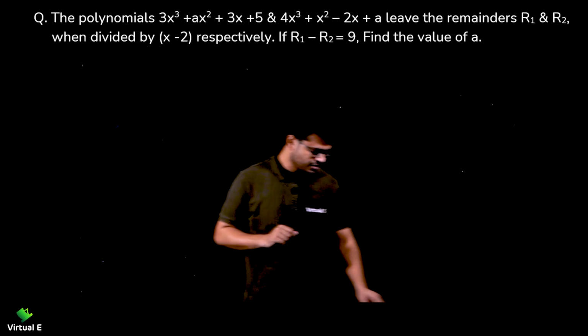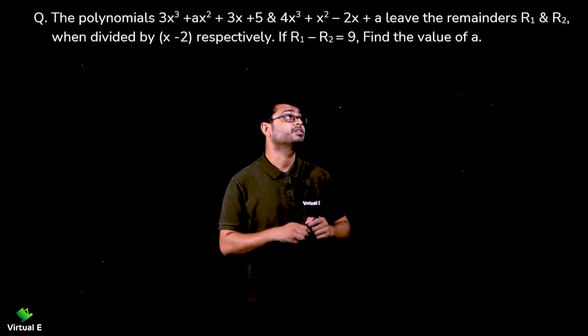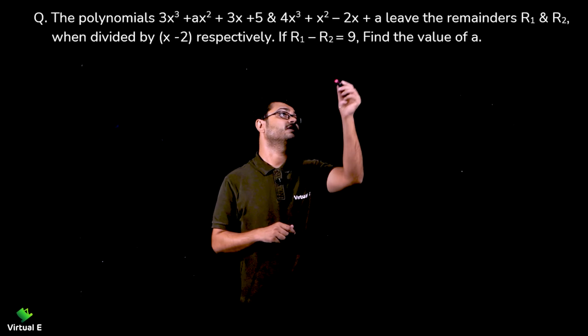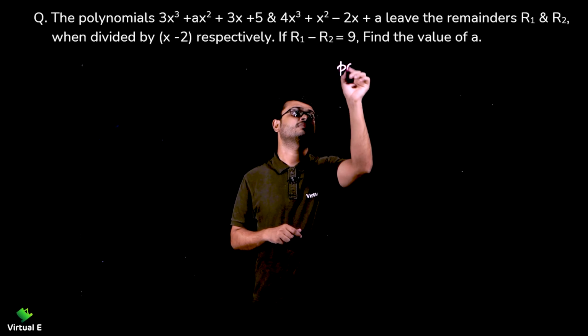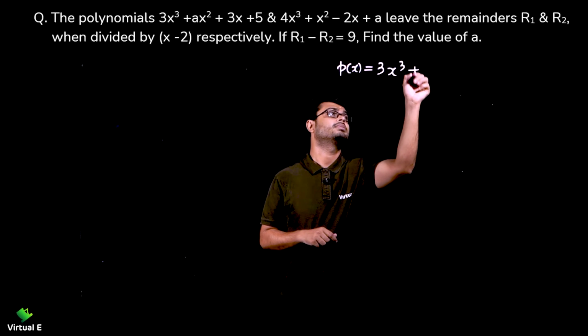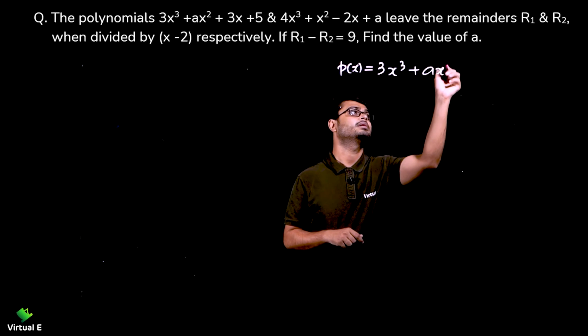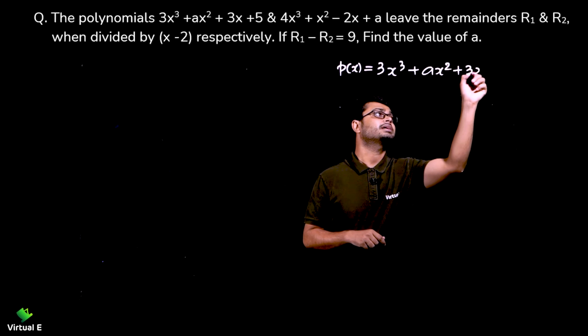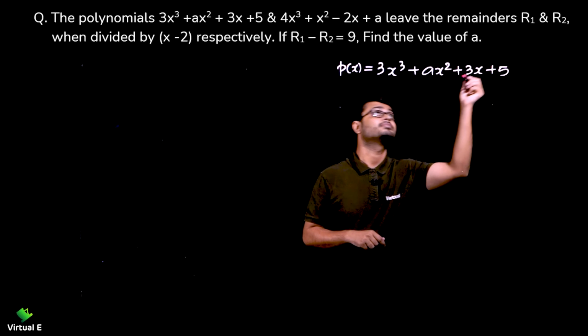Let's start with the first polynomial. Let's give it a name, p(x). So p(x) is equal to 3x cubed plus ax squared plus 3x plus 5.